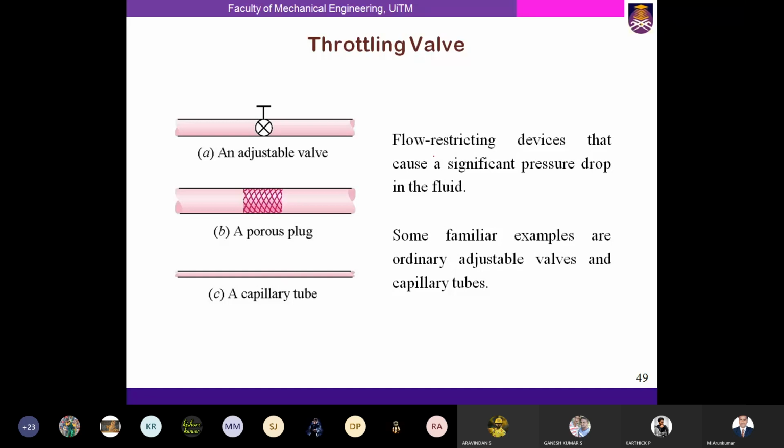The throttling valve is a flow restricting device that causes a significant pressure drop in the fluid, so we can reduce pressure. Some familiar examples are ordinary adjustable valves and capillary tubes.